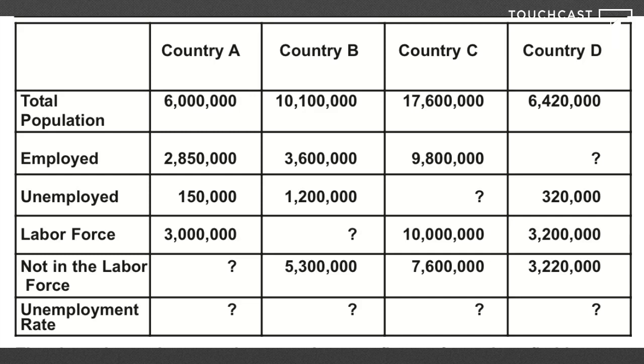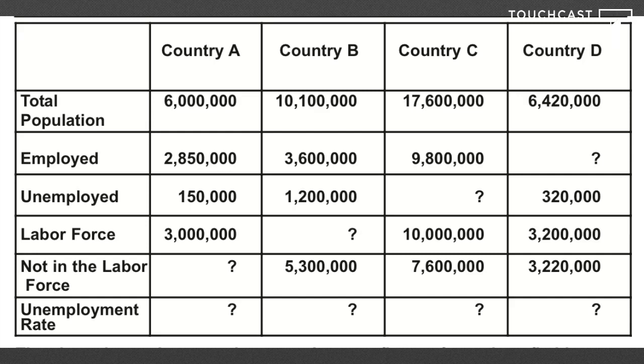So for country A, we've got a total population of 6 million people, a total number employed of 2.85 million, the number unemployed is 150,000, and then the total number in the labor force is 3 million. So first of all, we need to figure out the number that's not in the labor force.